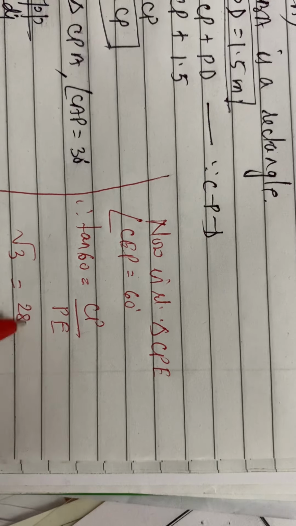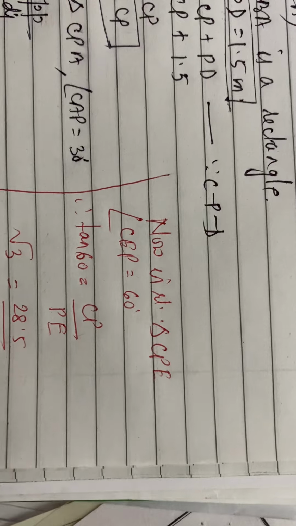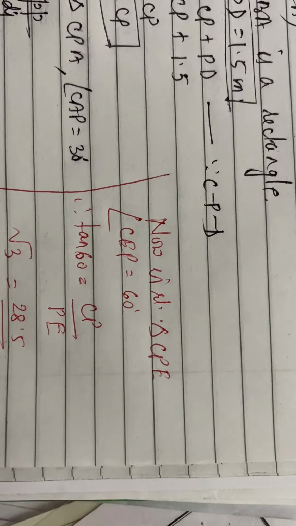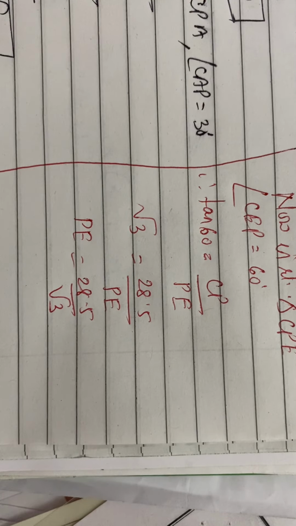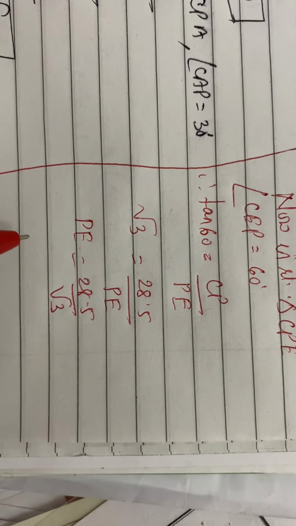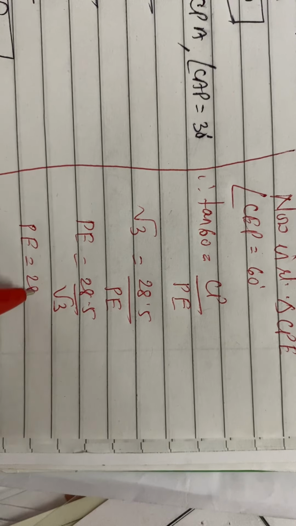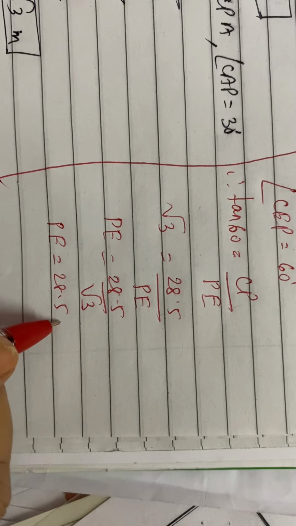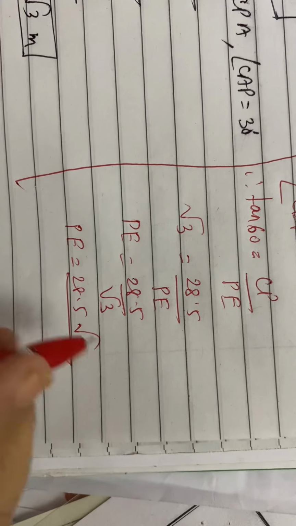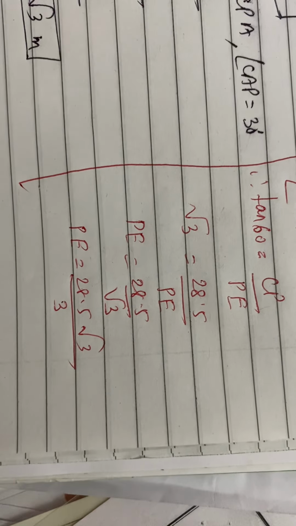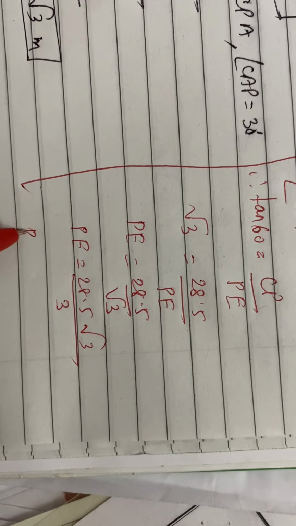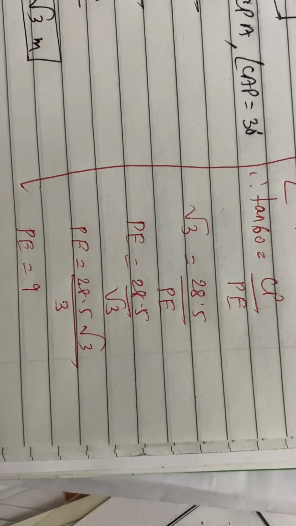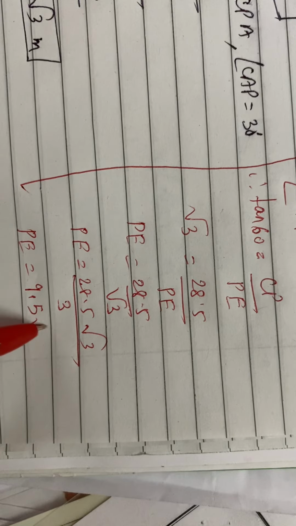CP is again 28.5 upon PE. So your PE will be equal to 28.5 upon root 3. Rationalize the denominator. PE will be equal to 28.5 into root 3 upon 3. So that will be 9.5 root 3 meter.